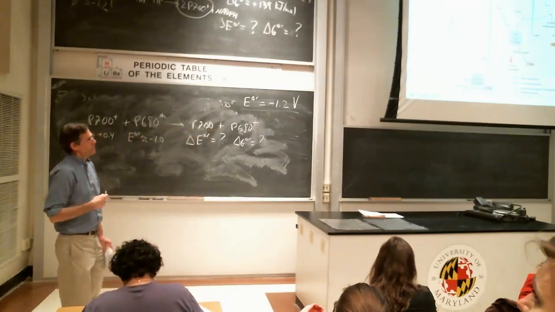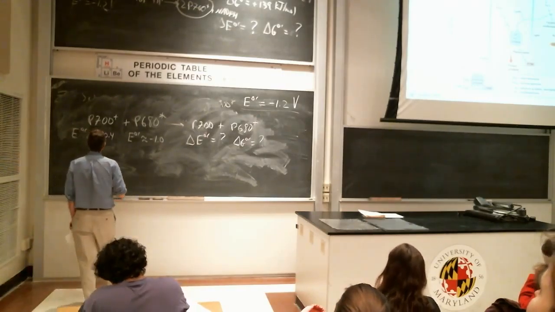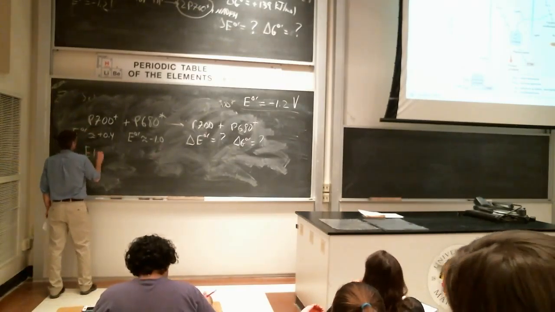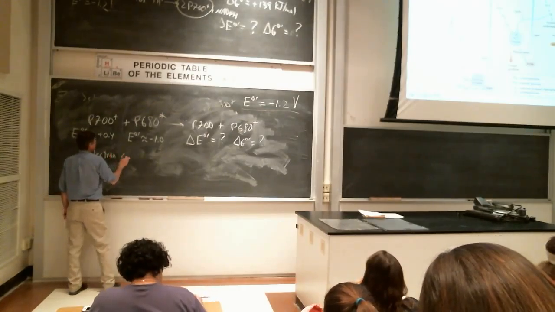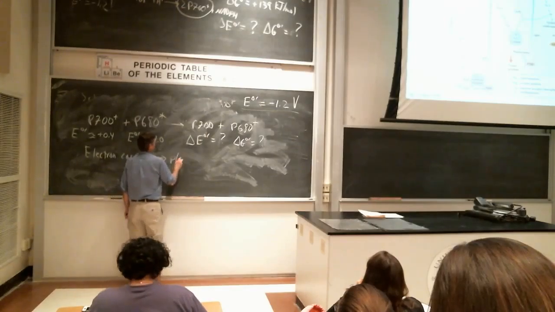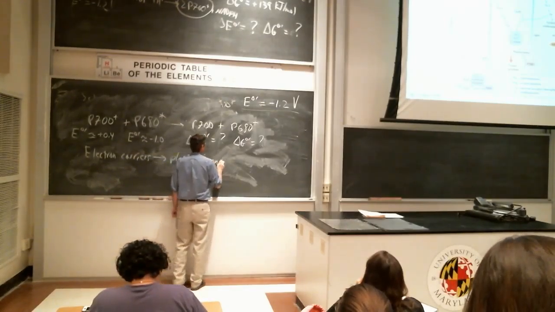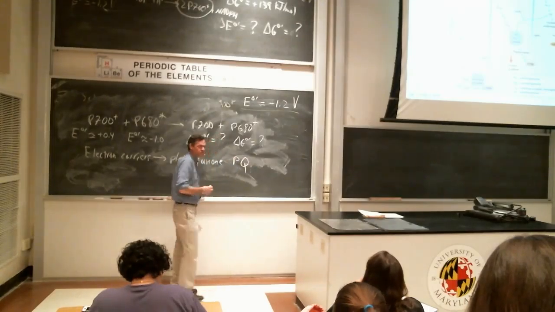And again, as always, I'm not concerned with all of the details, but what are the electron carriers? Among the electron carriers is this molecule called plastoquinone, which in this slide is abbreviated as PQ.